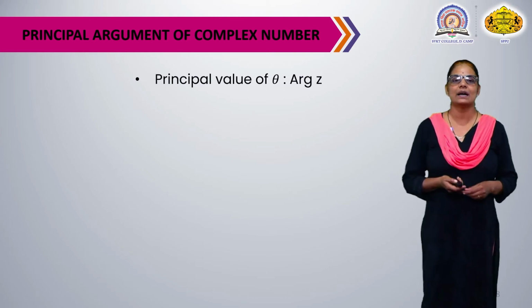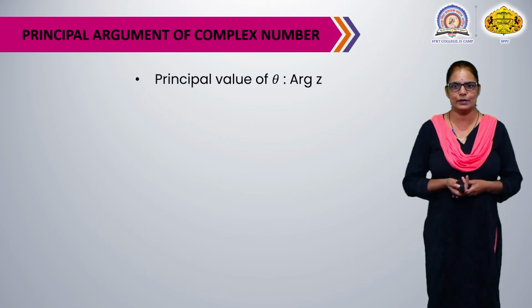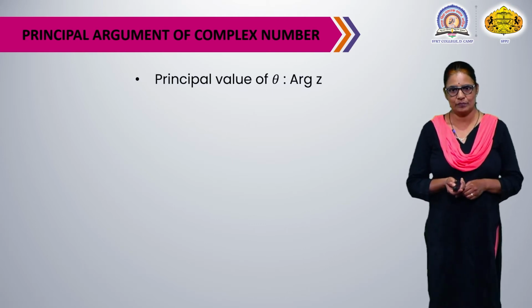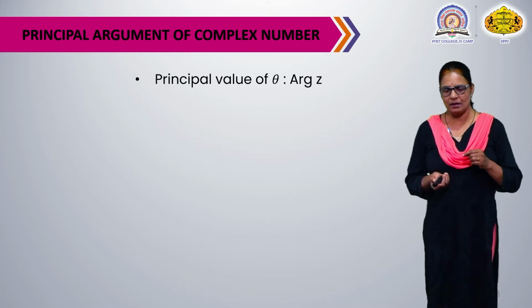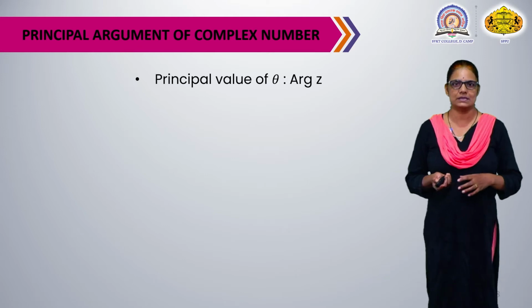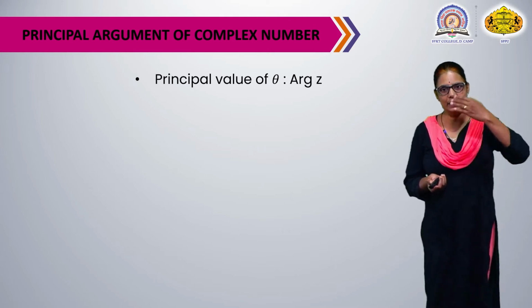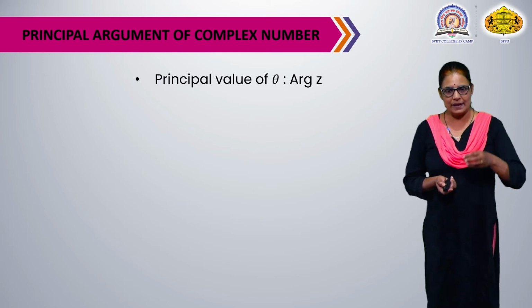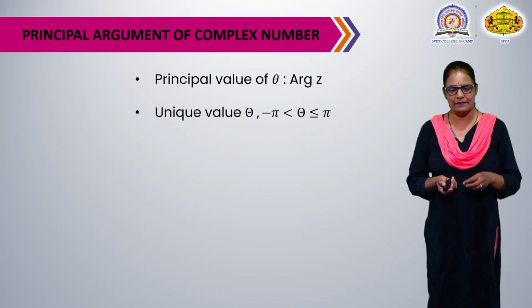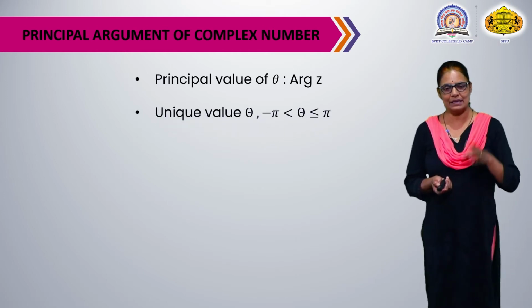Okay, our next part is the principal argument of the complex number. We know that each value of theta is called the argument of z, and there are infinitely many such angles or values. Among these values we select the unique value which is denoted by capital Theta.